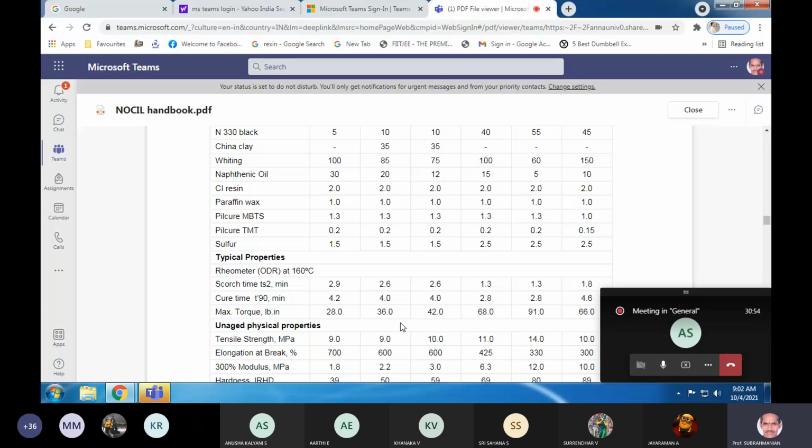Thiazole is the primary accelerator, thiuram a secondary accelerator or a booster. Thiazole, what does it do? It delays the cross link.